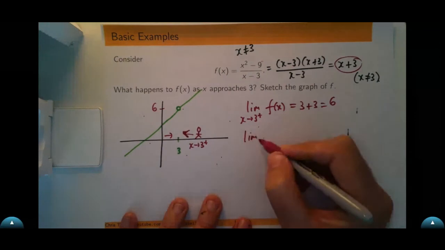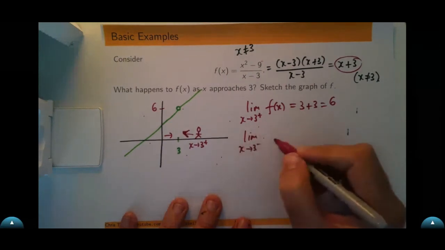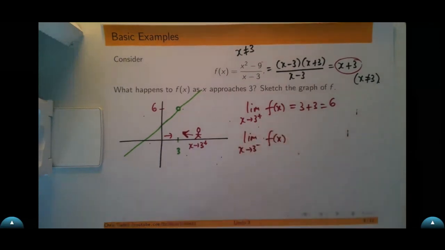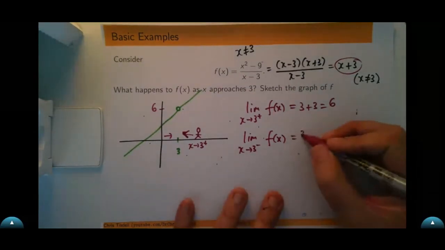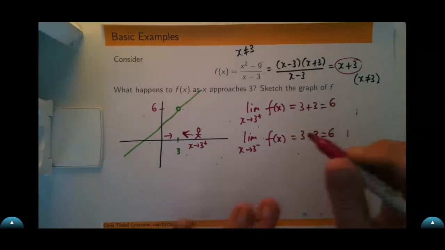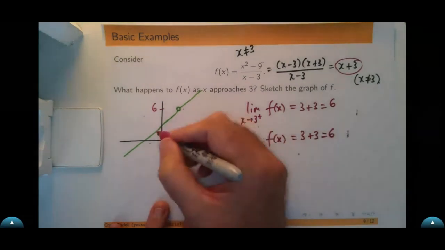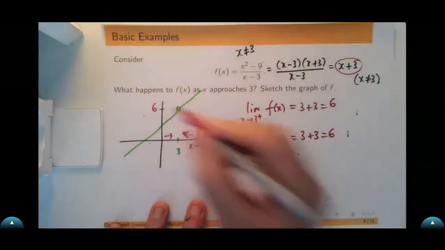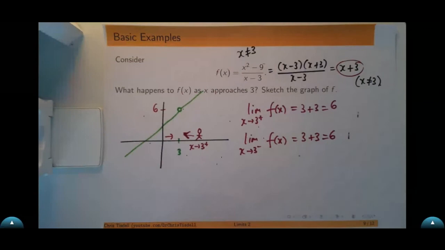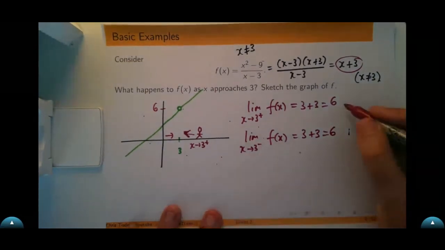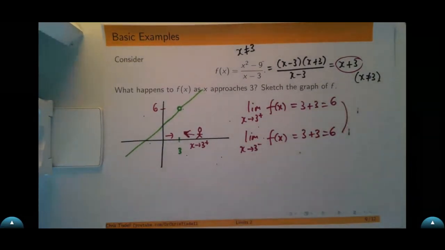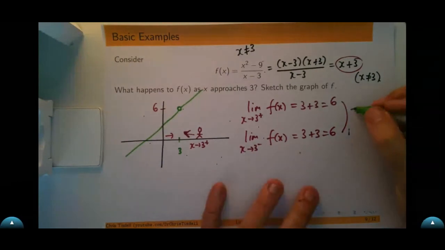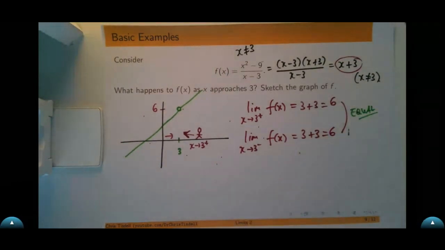All right, what about the other side? What's going to happen there? Can anyone tell me? So it's still 6, exactly. Thank you. Because as we come in here, the graph is going up, up, up, and it's approaching 6 as well. So we know that these two values are equal.